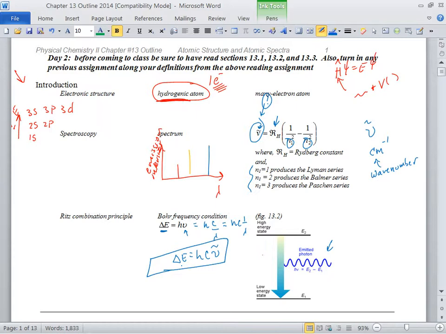And the Ritz combination principle is really the big picture for this entire chapter. What we're going to do is assign a term symbol that describes this state.